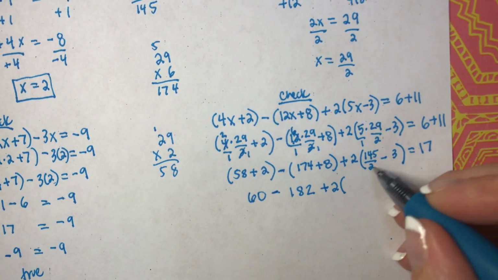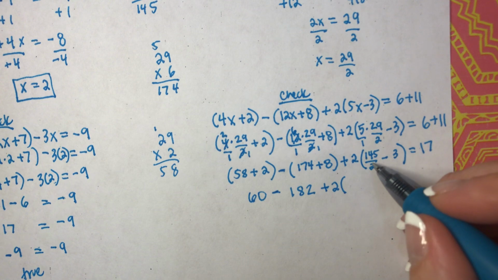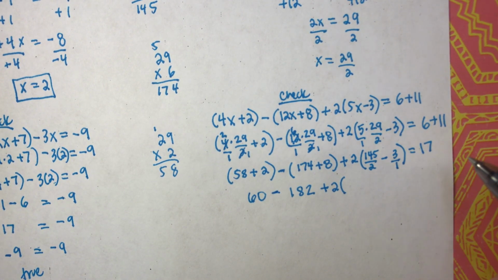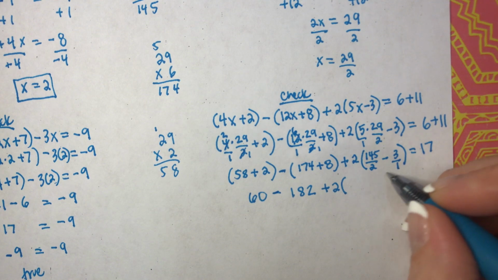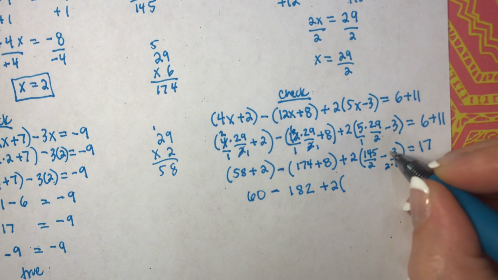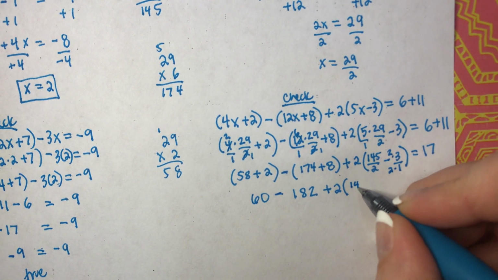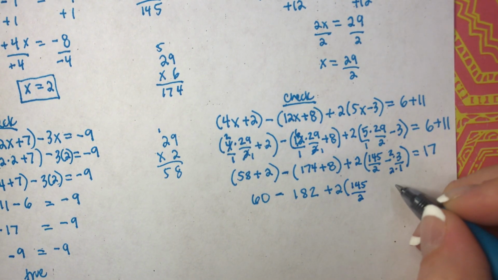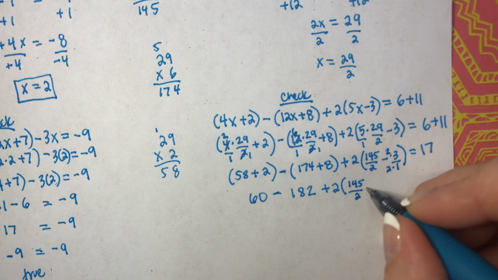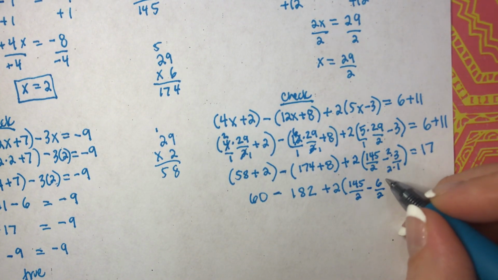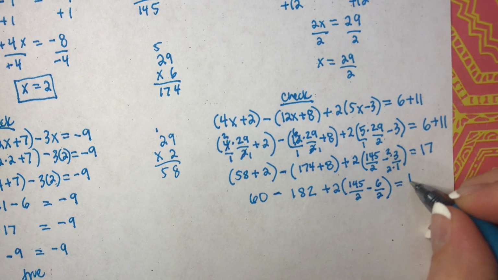And we need to do this parentheses, but we have a fraction here. We need to make 3 a fraction, 3 over 1, and then get a common denominator, which between 1 and 2 would be 2. So we're going to multiply the bottom and the top by 2. And we'd end up with 145 over 2 minus 6 over 2 equals 17.